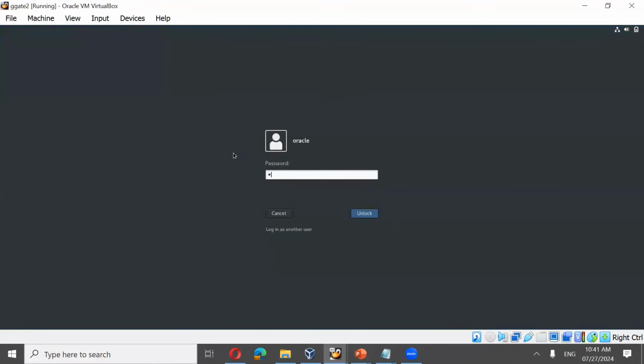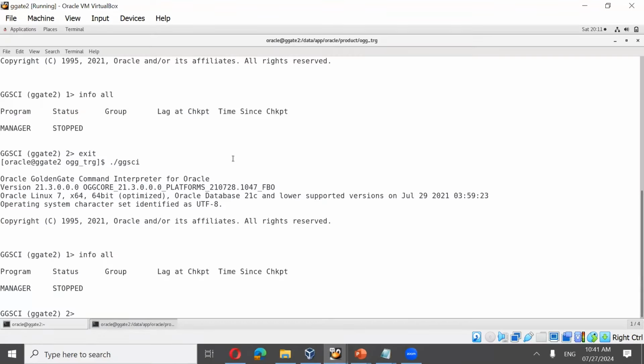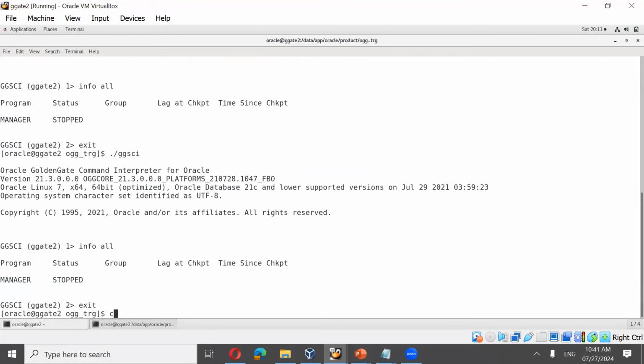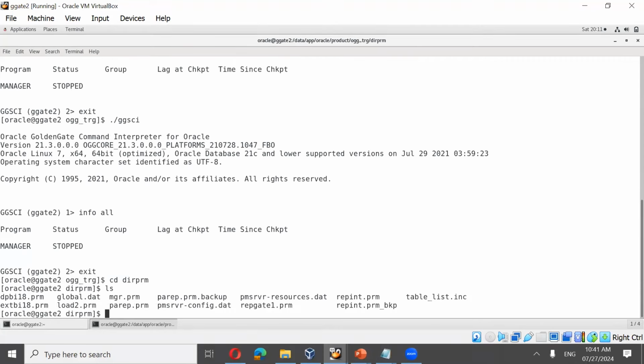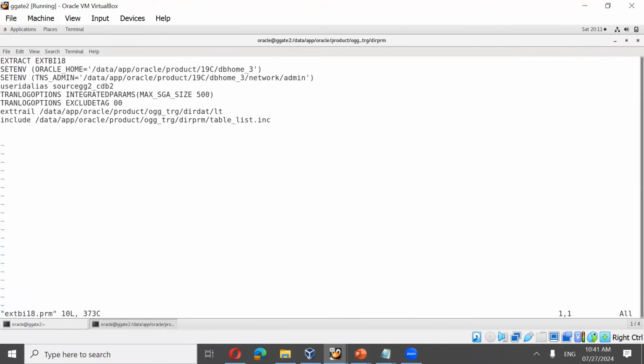Let me see here if I have anything. Okay, so I'll show you this parameter file, for example, excbi18. So see, I have given an include list, so I can open this as well. In this, the list of tables is provided.